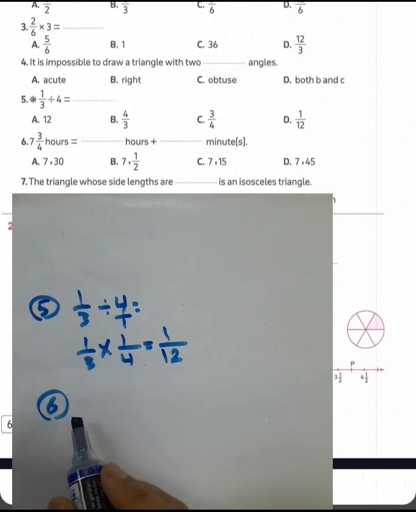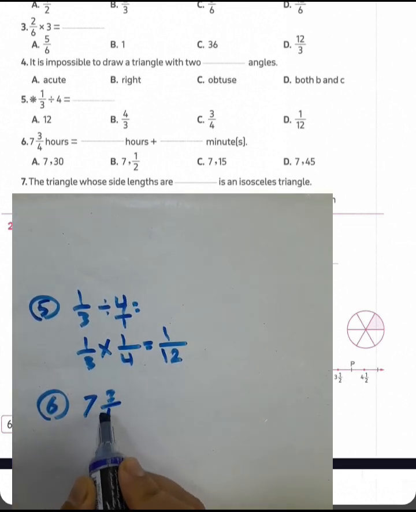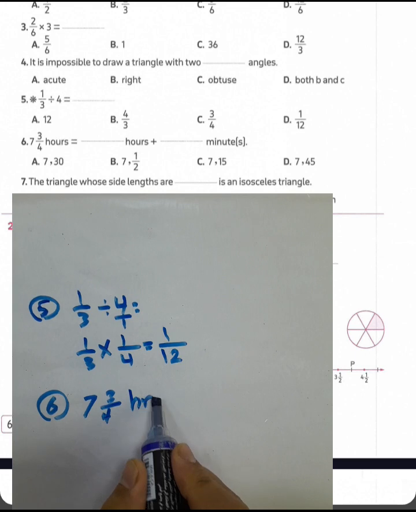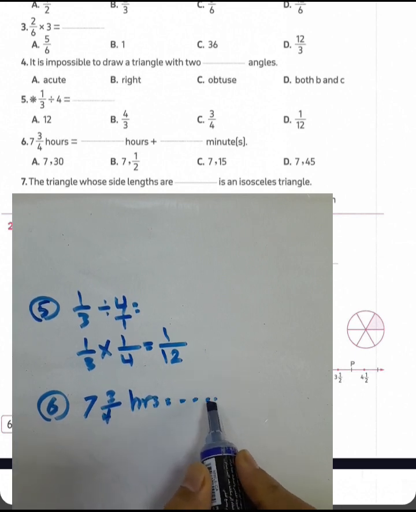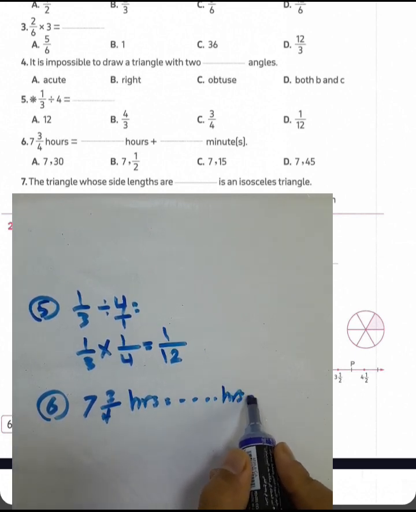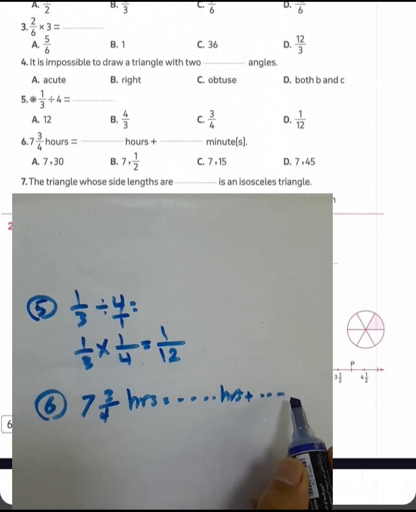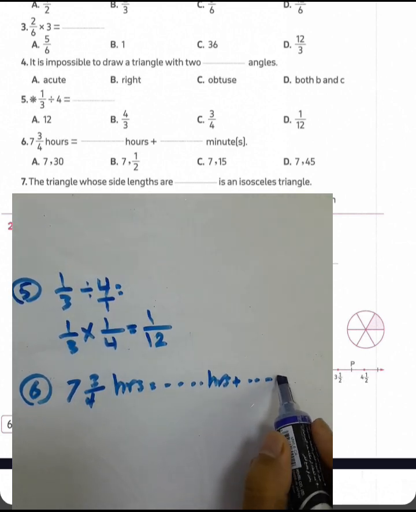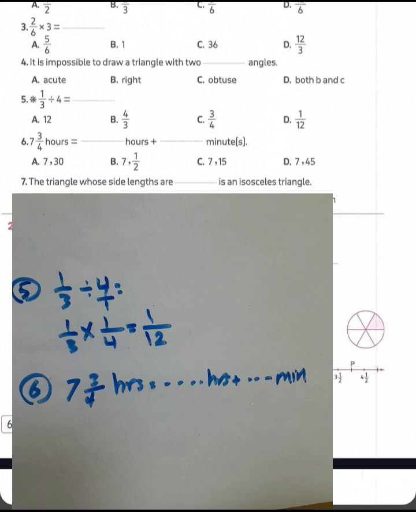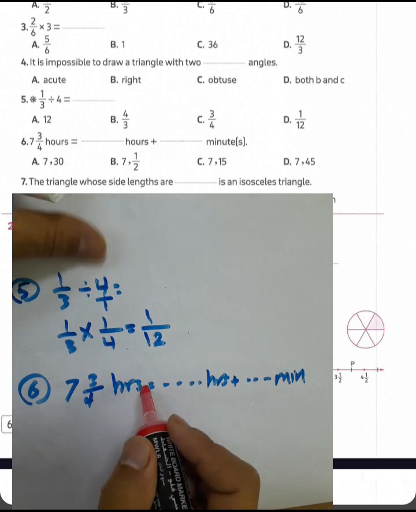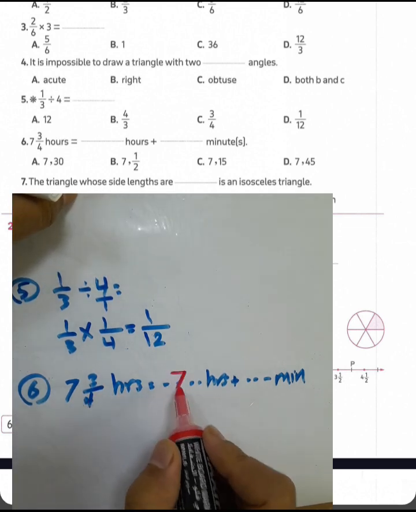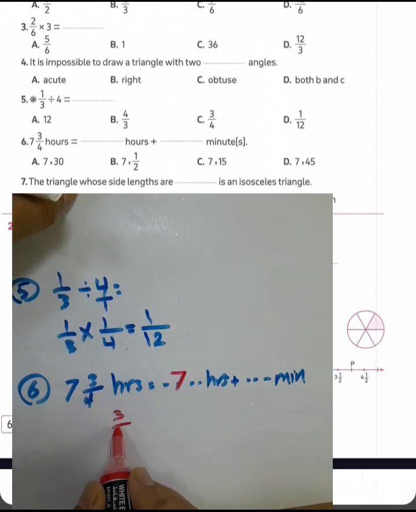Question number 6. 7 3/4 hours equals blank hours plus blank minutes. We know 7 hours plus 3/4 hours equals 7 hours and 3/4 hours.